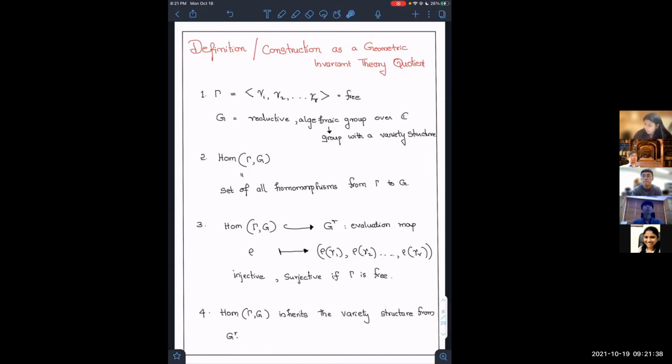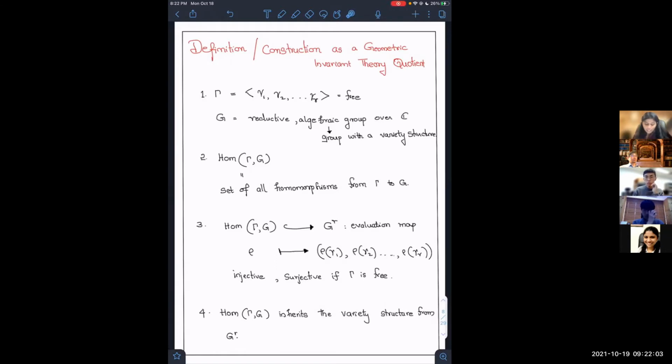So what I'll do here is start with a finitely generated free group gamma on r generators, gamma_1, gamma_2 to gamma_r. The free group is the set of all words in the letters gamma_1 to gamma_r and their inverses.